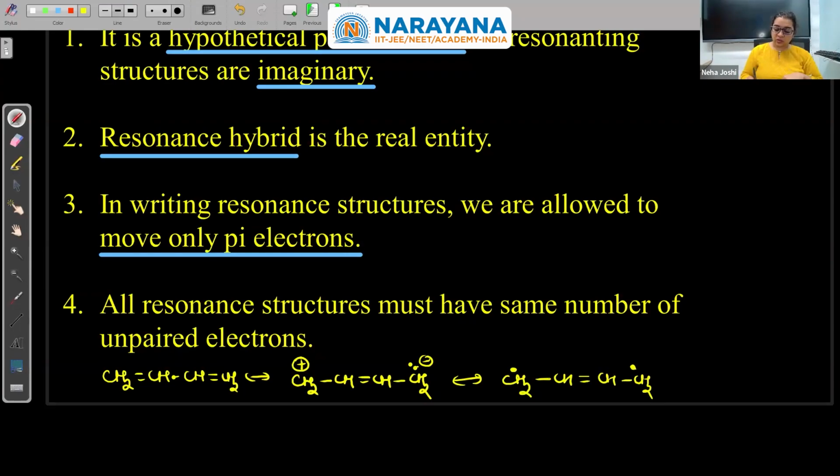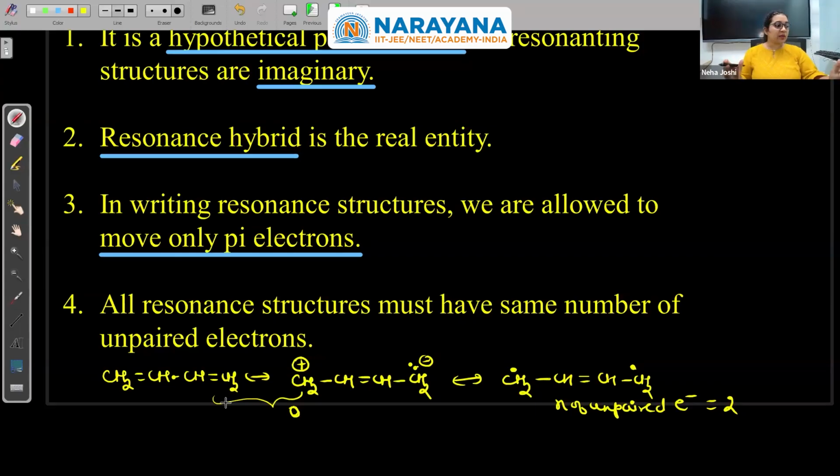Now see, in these two structures the number of unpaired electrons is 0, whereas in these two structures the number of unpaired electrons is 2. So definitely this will have some paramagnetic nature and these will give a diamagnetic nature.